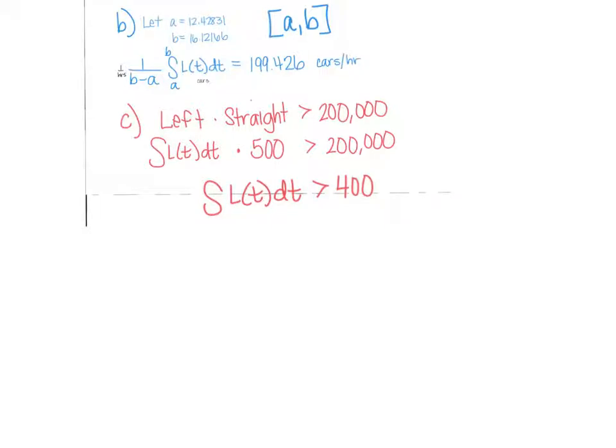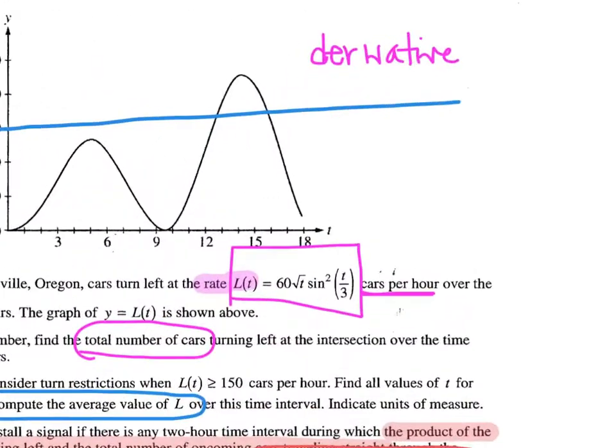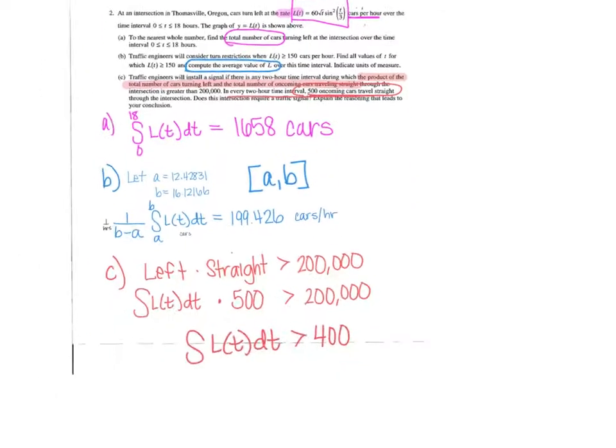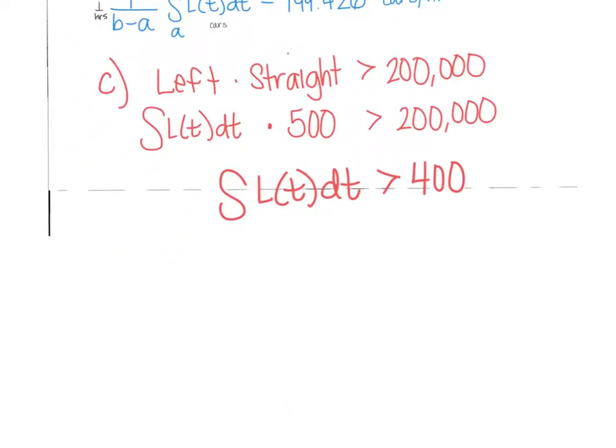So that's what we have to look for. And I would find two values. Well, don't you agree that the highest values occur somewhere here? And we already know that that intersection is 12.4 to 16.1. So let's use a 2-hour time interval there. So what I did is I said, okay, I'm going to try the integral from 13 to 15 of L of t dt. 13 to 15 gave me 431.931 when I put it in my calculator.